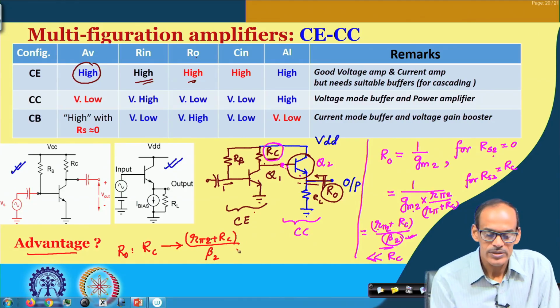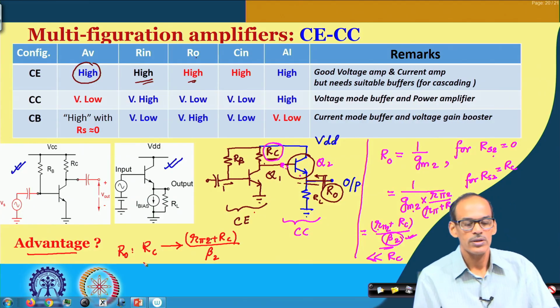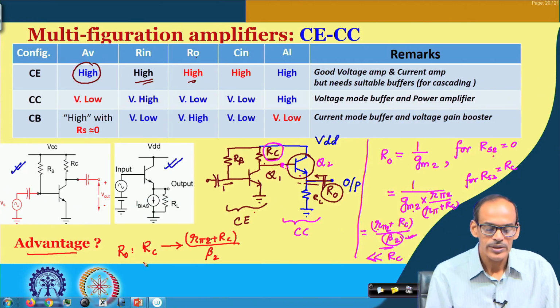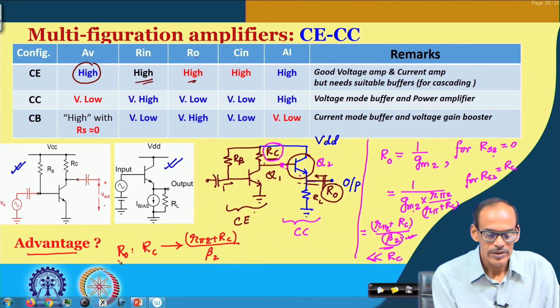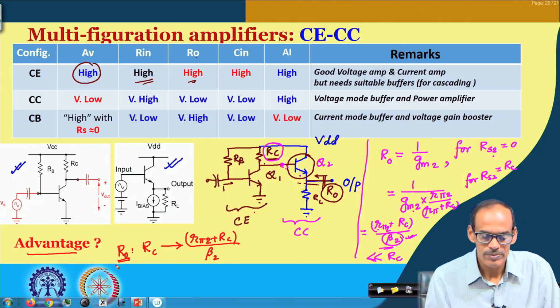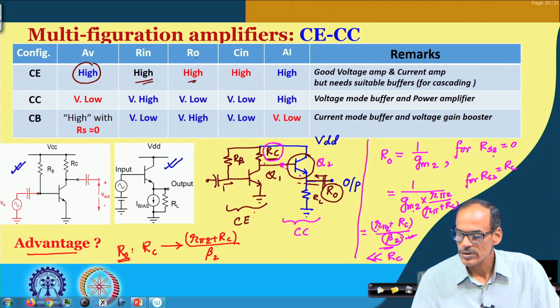So, that makes it much smaller and that is useful for connecting a load. In fact, it is not just making the output resistance smaller and concluding in that form, we can further go and say what its main advantage and motive is.